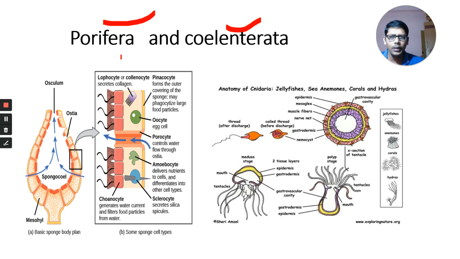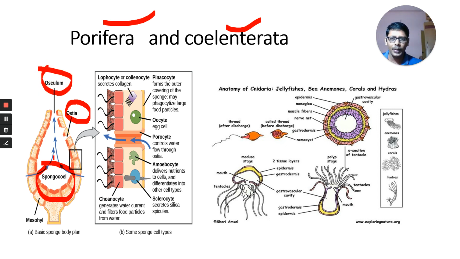In poriferans, water enters into the body through ostia. Porocytes help in the conduction of water. Then water passes through the spongocoel. Now the water goes outside through the osculum.